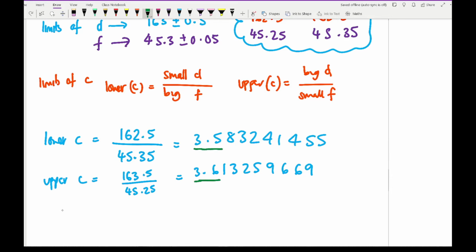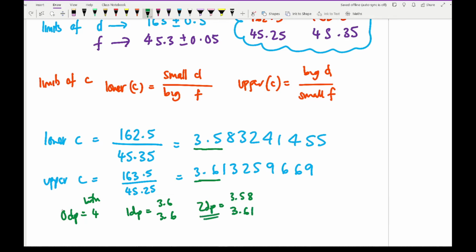So to 0 decimal places, both answers give me an answer of 4. To 1 decimal place, the top number is going to be 3.6 and the bottom number is going to be 3.6. To 2 decimal places, the top number would be 3.58 and the bottom number would be 3.61.